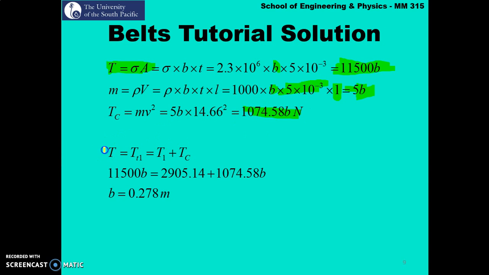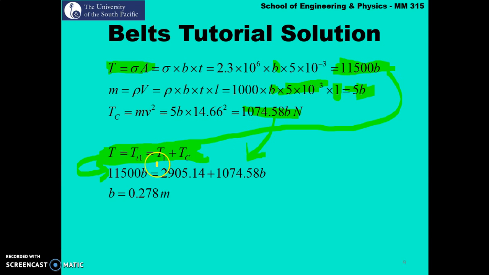Now this definition is given in your lecture notes, which states that the maximum tension is equal to the total tension on the tight side, which is simply T1 plus TC. So the maximum tension or the total tension on the tight side is 11,500 B. T1 was 2,905.14 Newton, and TC is given as such.